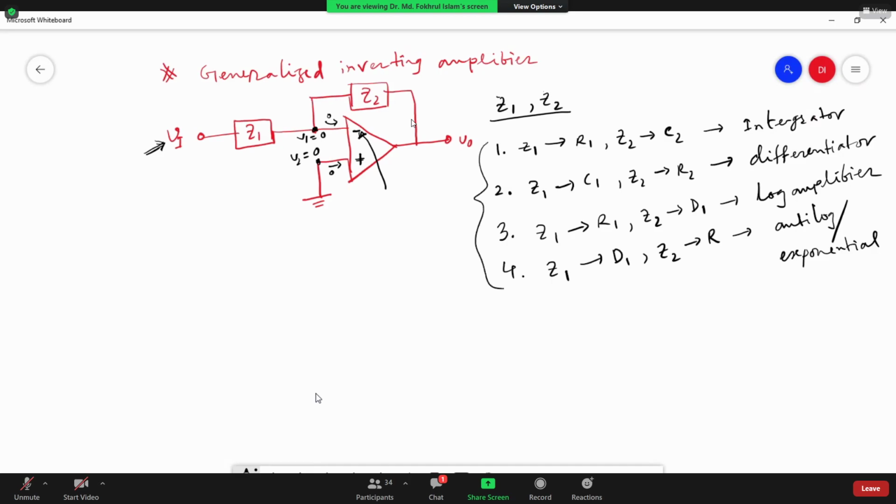You can derive and see all these four types.